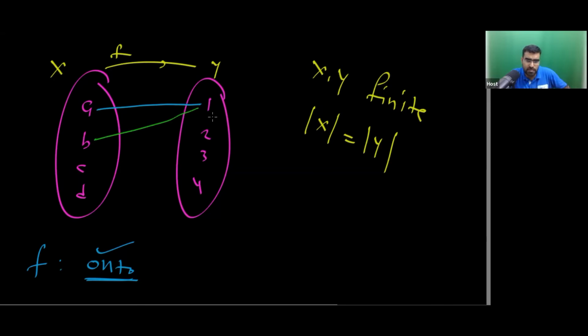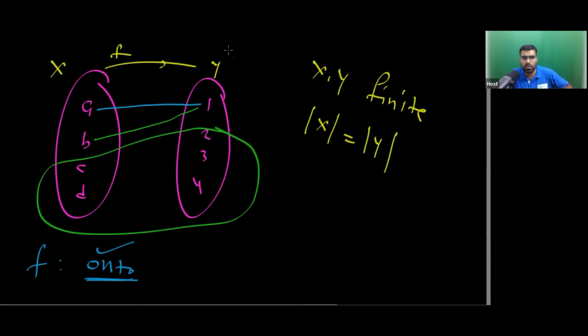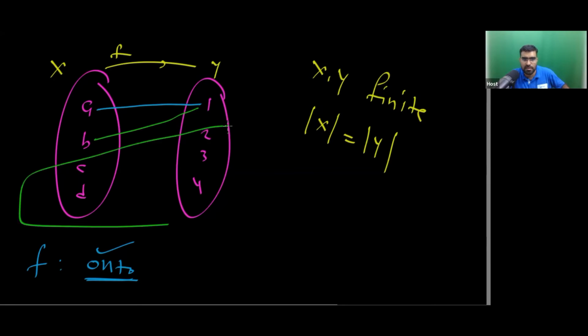So can I do this? I can do this, but there will be a problem. What will be the problem? Now you cannot create the onto function. See, now you cannot create the onto function because now you have a smaller number of elements here, more number of elements here.